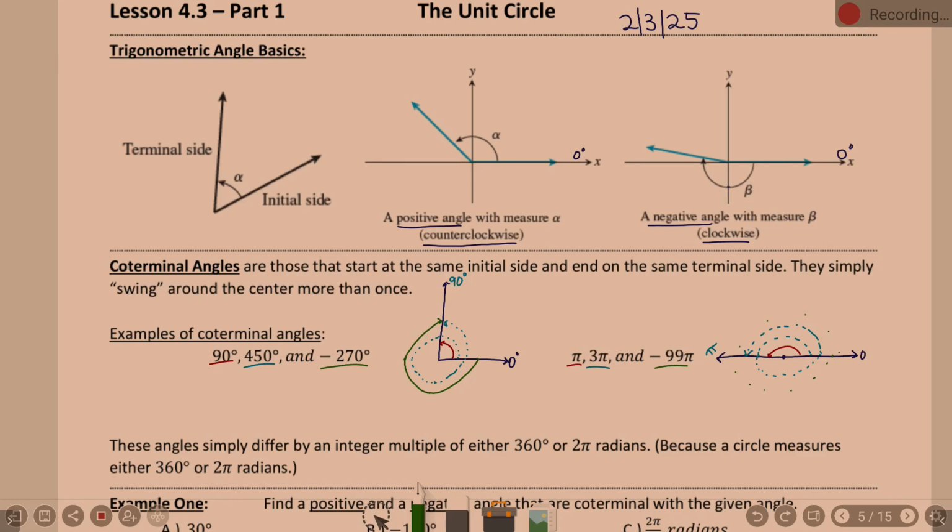Okay, and that's what it talks about down here. These angles simply differ by an integer multiple of either 360 degrees or 2 pi radians. And that's because once around the circle is 360 degrees or 2 pi radians.